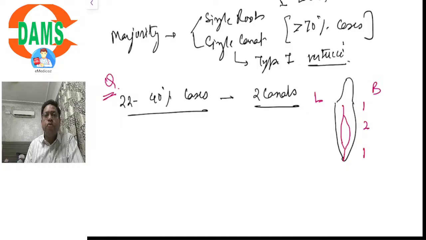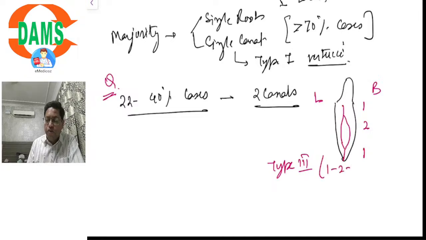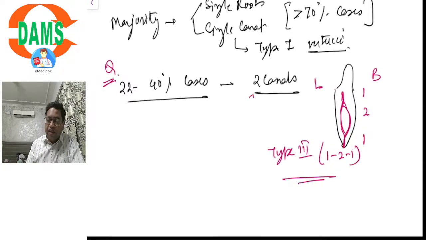What Vertucci configuration is present in cases of 2 canal mandibular incisors? It is Vertucci type 3, the 1-2-1 configuration. There would be a single orifice, a lingual and a buccal canal, and they join together and exit as 1. So in cases of 2 canal forms, it is the type 3 configuration that is most common.